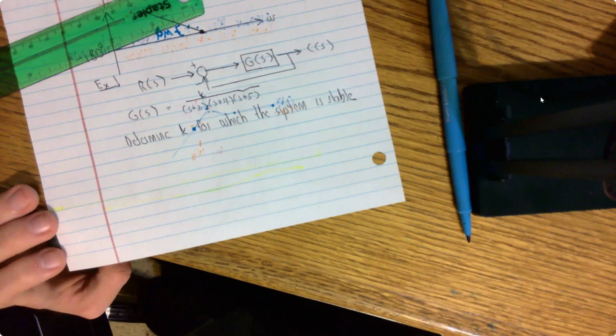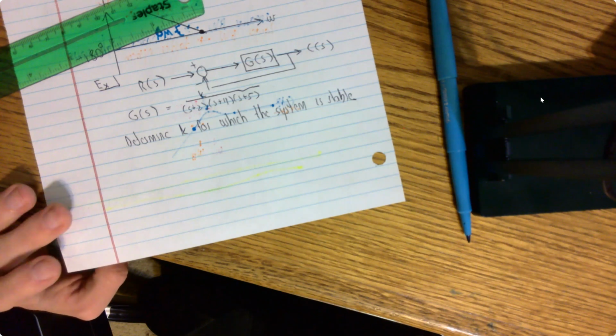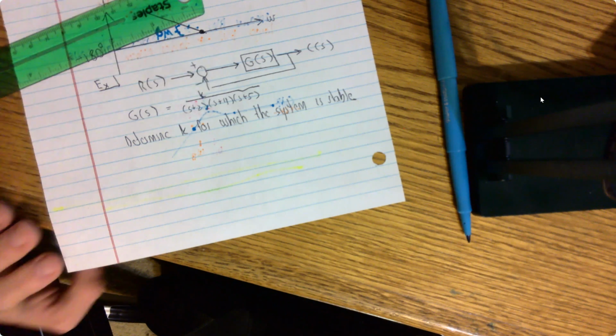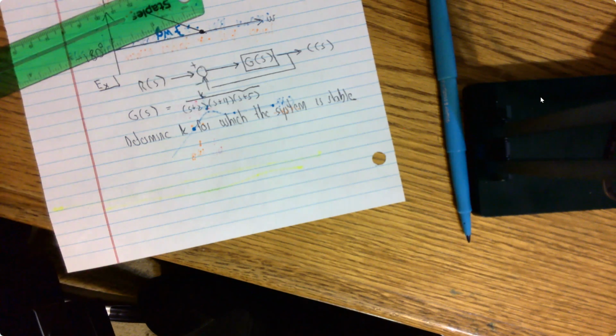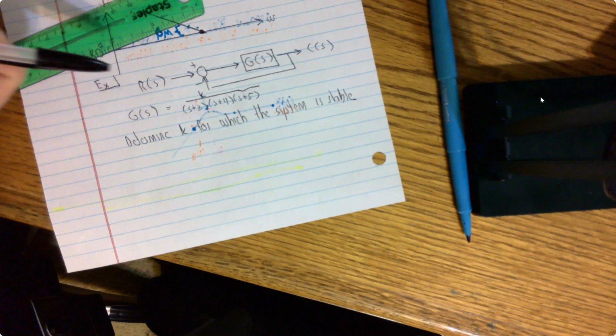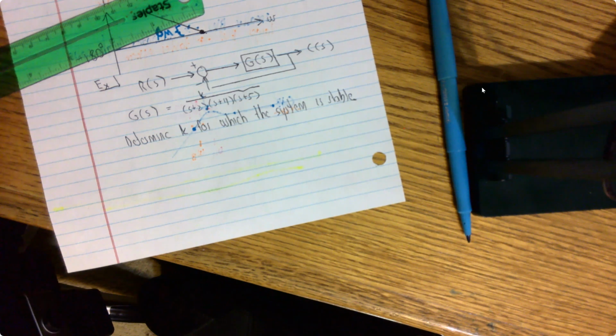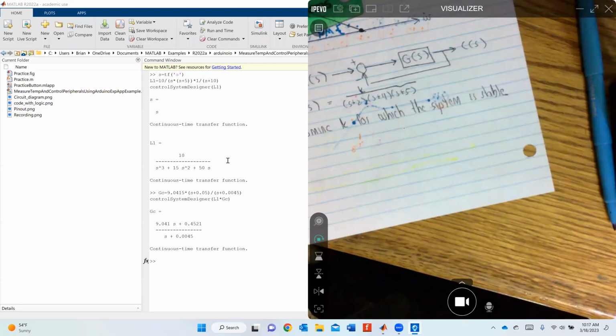Let's look first at the open loop system from MATLAB, and try to determine the gain and phase margin from the Bode plot. Remember, like we saw with root locus, you could make a phase lag or phase lead compensator, but here we're going to try and determine it from the Bode plot. They're both tests for stability. So let's look at MATLAB.